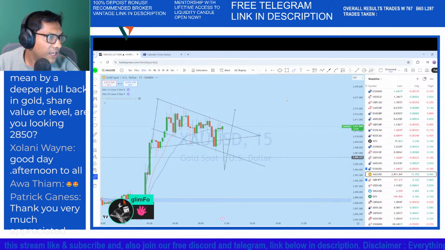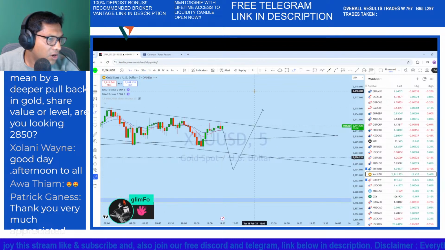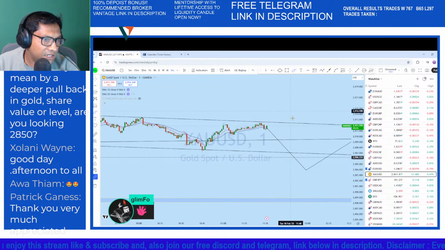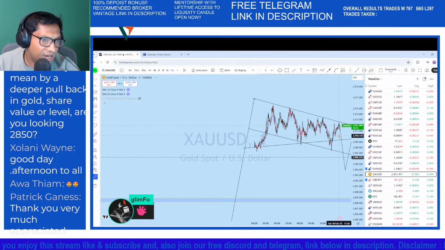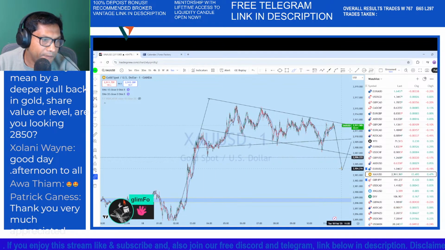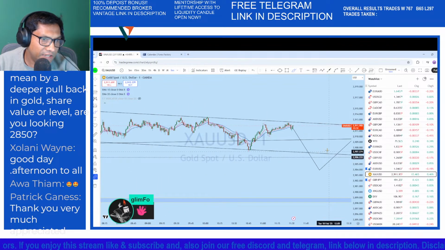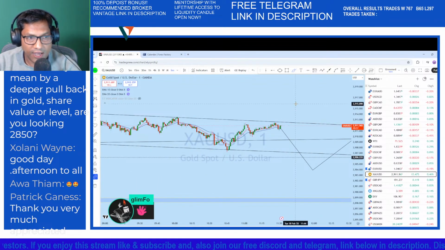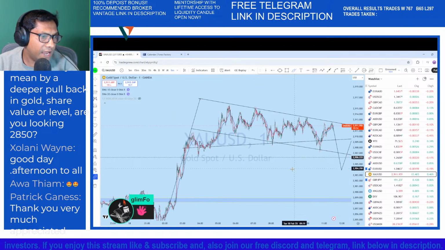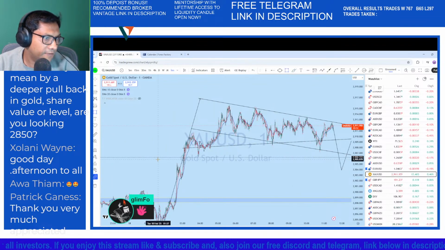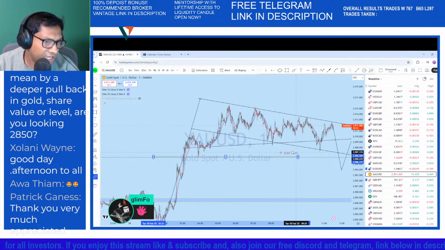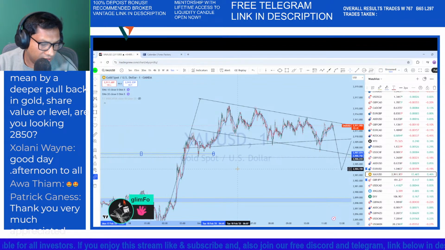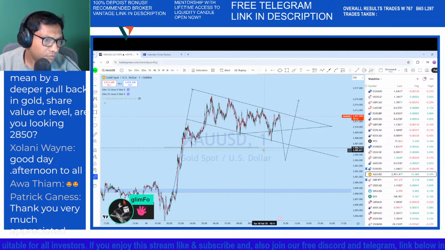So here is the lower time frame, and what we can expect in this market is for the price to break below, grab the liquidity, and then bounce back up. So this is the level that I would like to see retest later today and then potentially give us a trading opportunity.